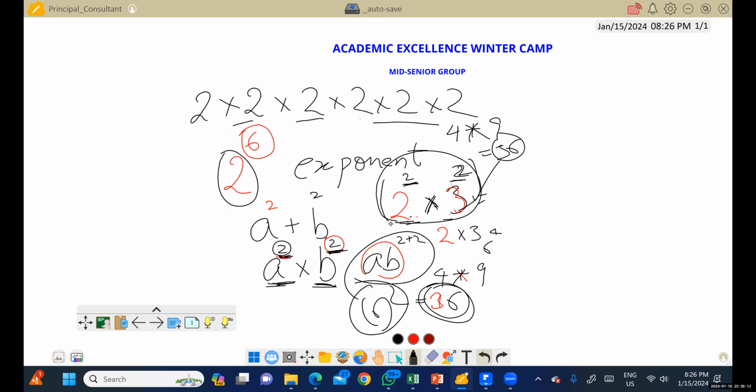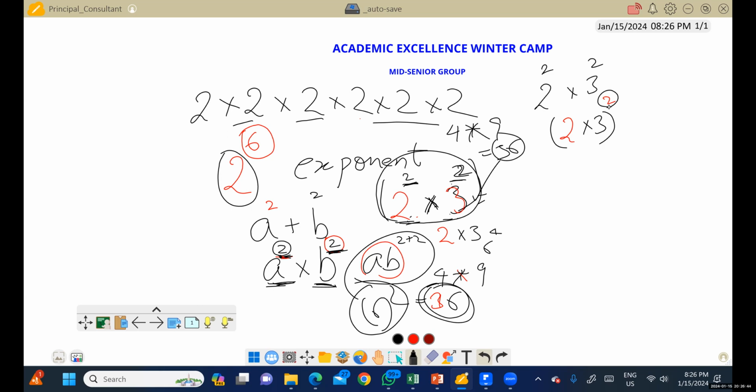Yes, that is fine. So if I say 2 into 3, because here I have square, here also I have square, right? I'm giving a common square.